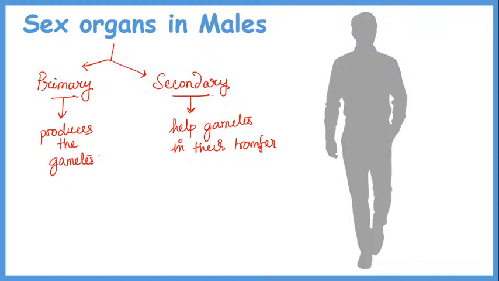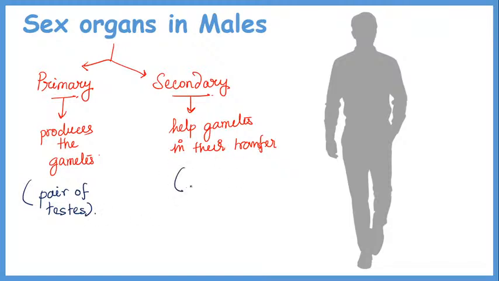What is the primary sex organ? In case of males, the primary sex organ is the pair of testes, and what are the secondary sex organs?